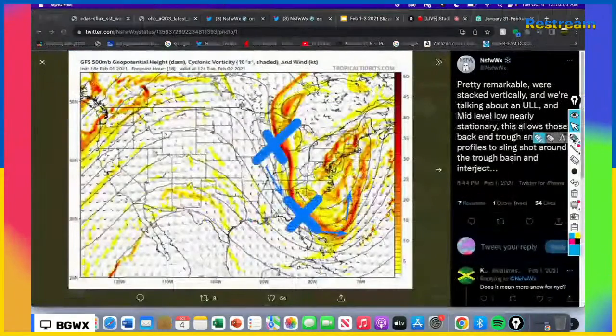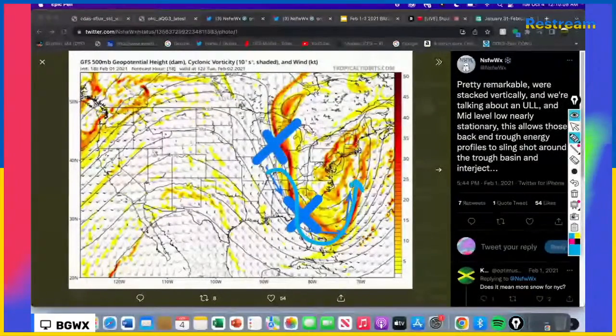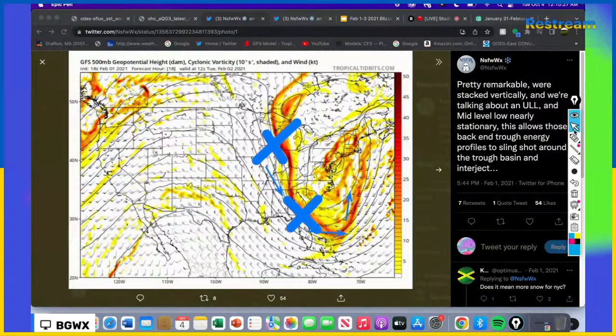He's highlighting more pieces of energy swinging around this trough base here, working its way into the system, and that's why you can see there's really, really good banding. A little bit of banding here for parts of New Hampshire and Maine, and then also this big interior band, which will be visible on radar when I pull that up.